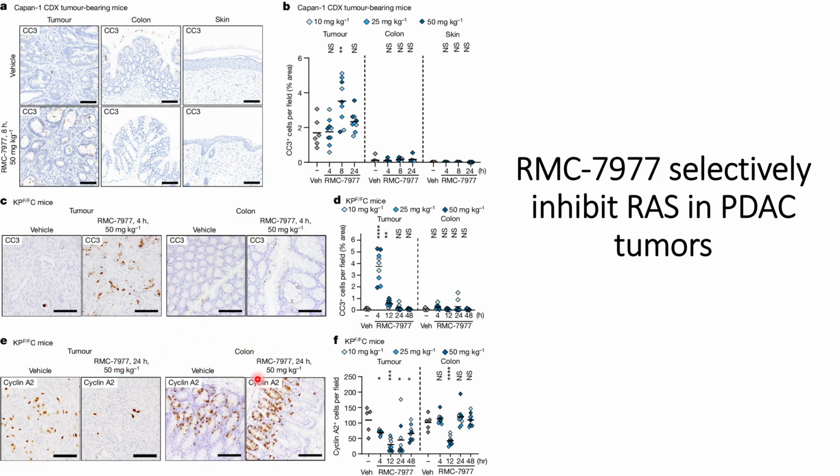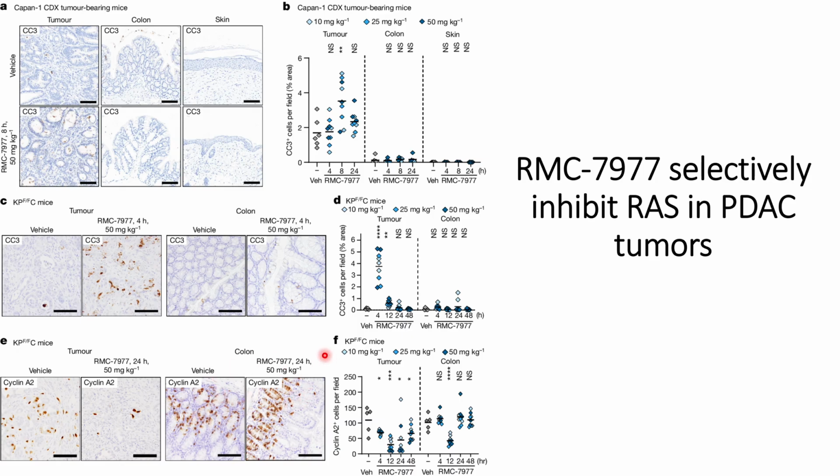In the colon, they see recovery of the tissues at around 24 hours, whereas in the case of KPCFC the recovery is not observed at 24 hours. In colon tissues the cyclin A2 levels are close to normal levels.